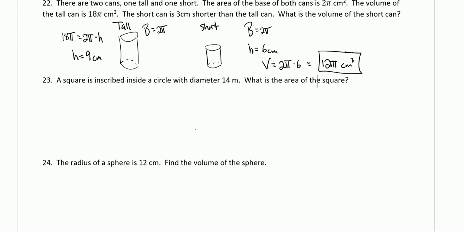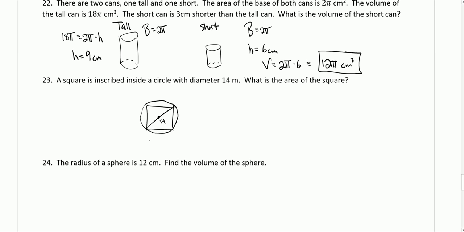23, we have a square inscribed inside a circle. So here's my square inside a circle with a diameter of 14. So there's the diameter of the circle, also the diagonal of the square, which is 14.